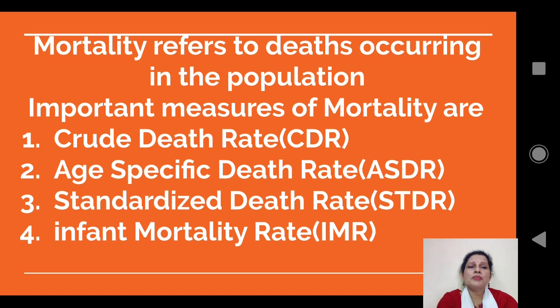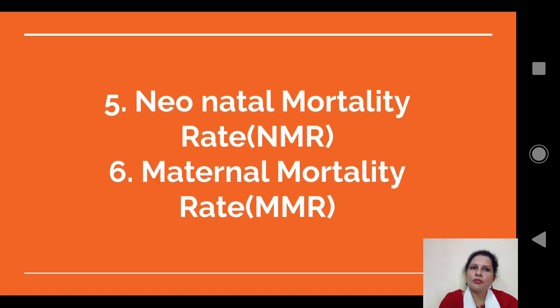The important measures of mortality are crude death rate, which is written as CDR, age-specific death rate, standardized death rate, infant mortality rate. Then, neonatal mortality rate, maternal mortality rate. We shall discuss these mortality rates one after the other.